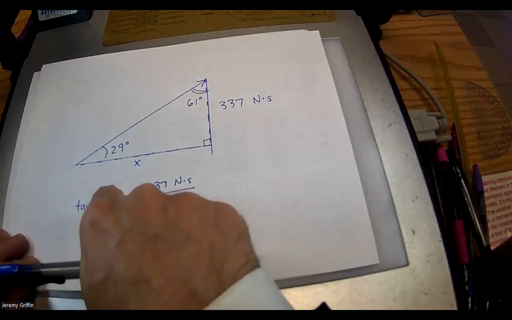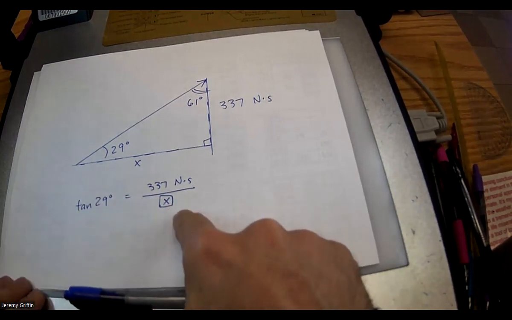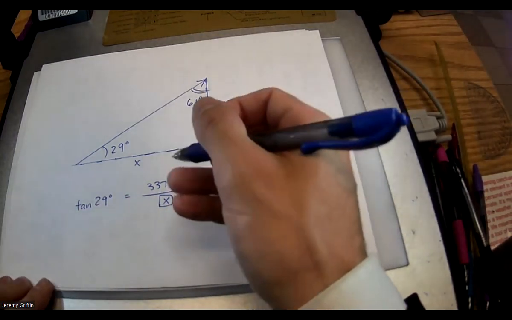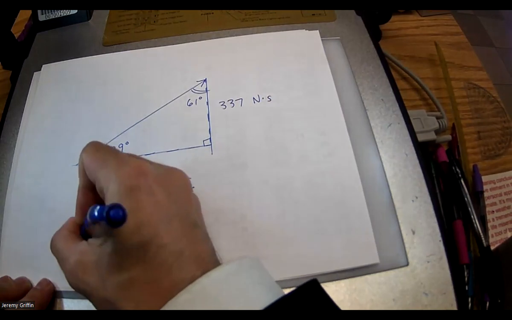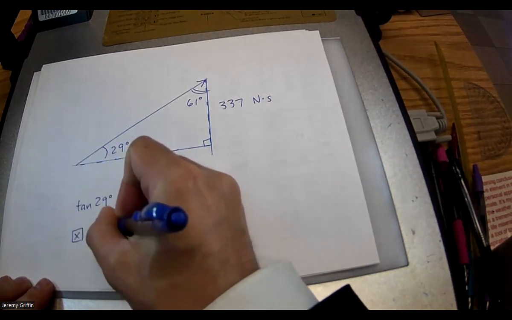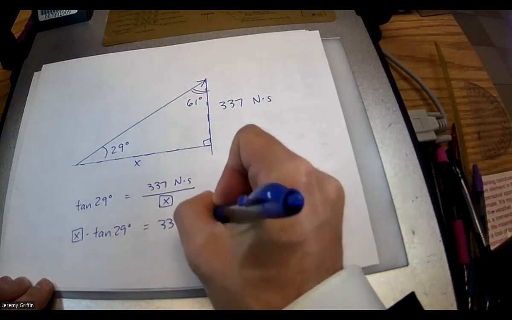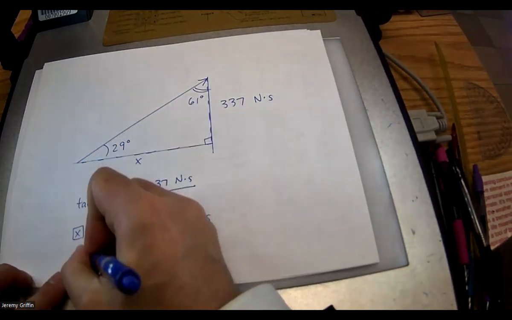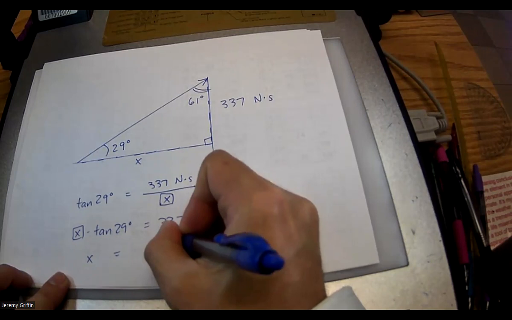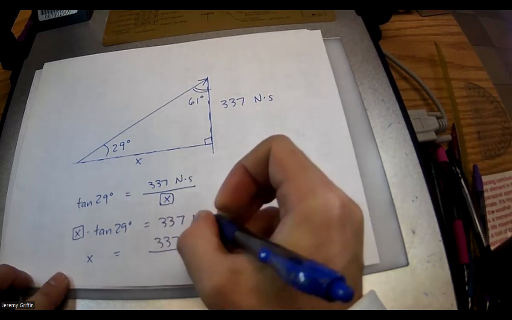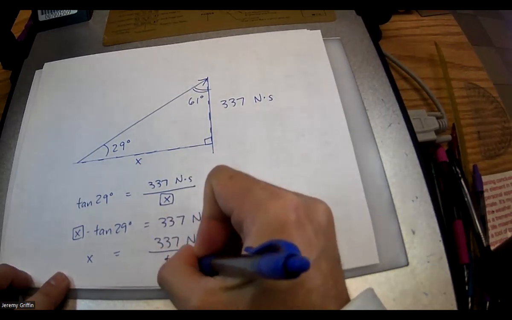Hey, can I cross multiply x and divide the tan 29 degrees down? I'll break that down to 2 steps. x tan 29 degrees equals 337 Newton seconds. Divide the tan 29 down, x equals 337 Newton seconds divided by tangent of 29 degrees.